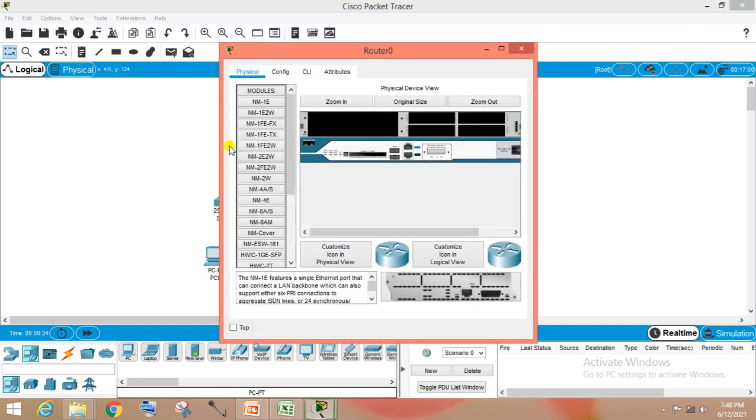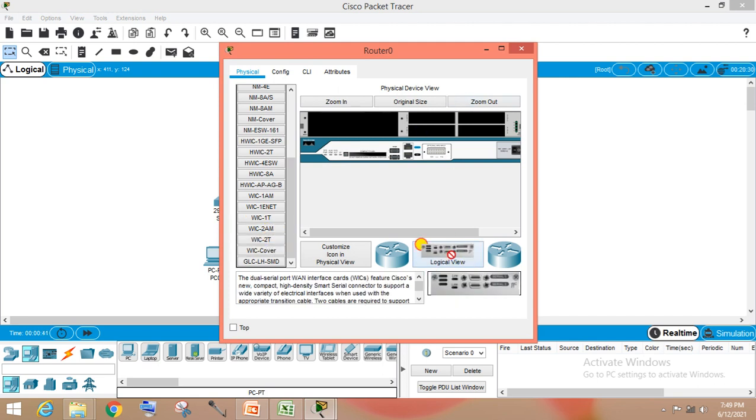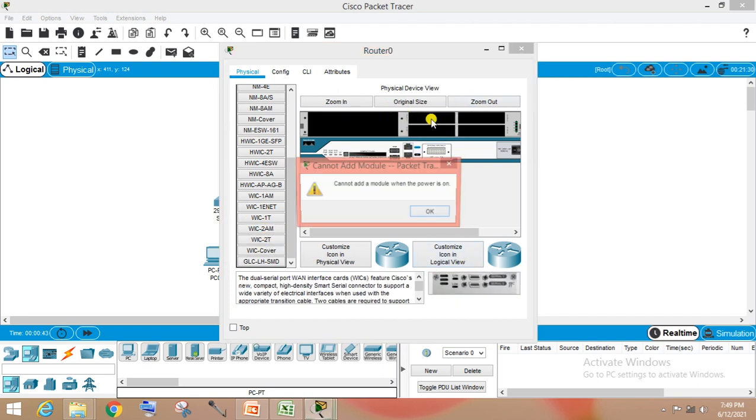Now connect some add modules for WAN connectivity.